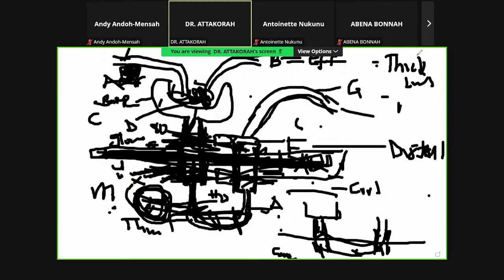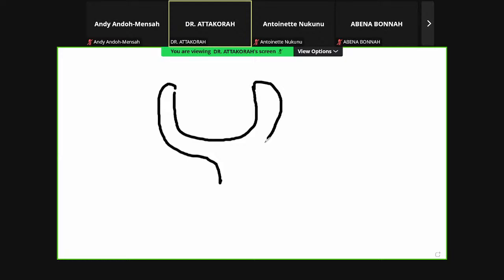So let's talk about something very, very important. This is the Bowman capsule. Inside the Bowman capsule are capillaries, a network of vessels.